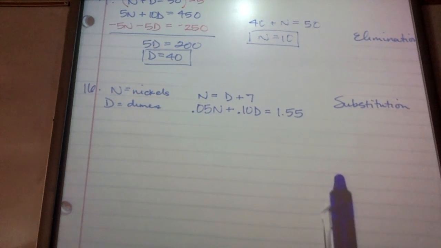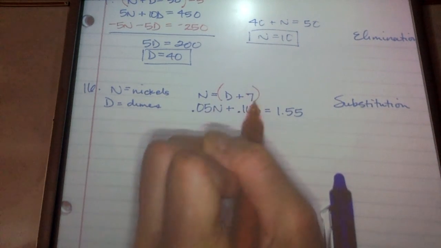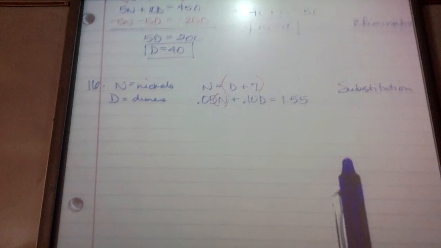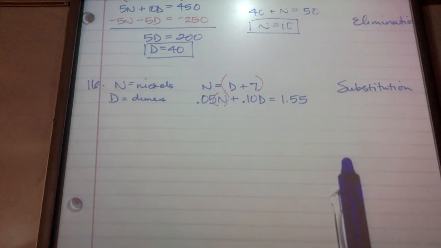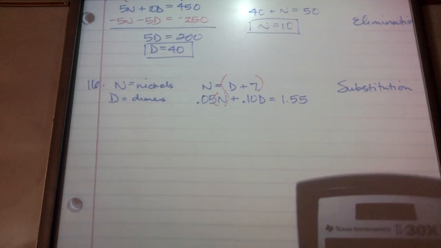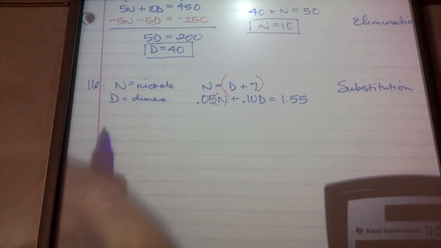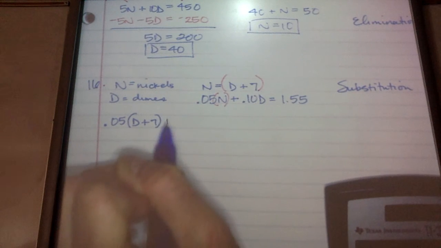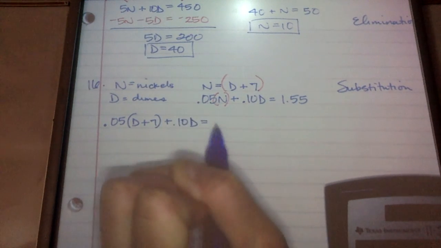So I'm actually going to substitute the value of N into here. And maybe you guys already remember this, but if you don't, that is why I'm going over it for this very first section. So 0.05 times D plus 7 plus 0.10 D equals $1.55.